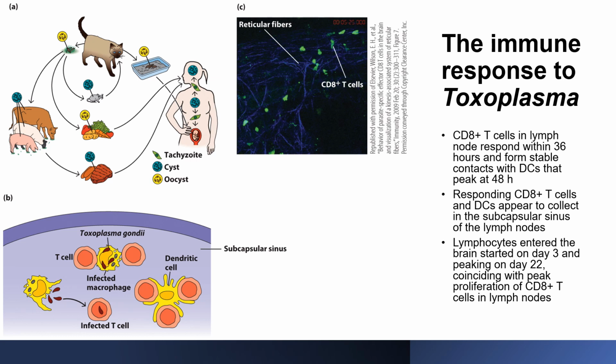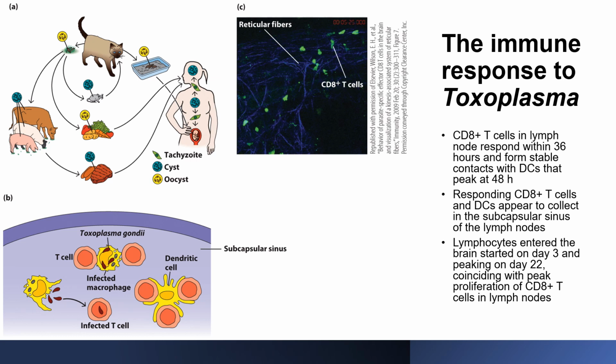The subcapsular sinus is going to be important because this is where you're going to have a lot of those immune cells. And one of the cell types that actually gets infected by toxoplasma are macrophages. So when macrophages attempt to phagocytose these particular pathogens, they actually become infected themselves.